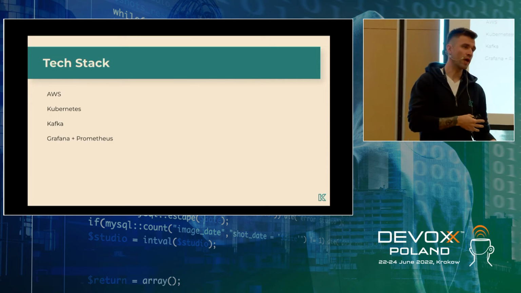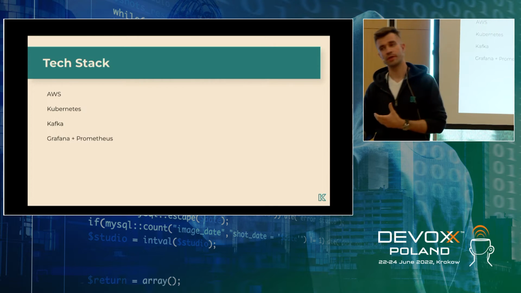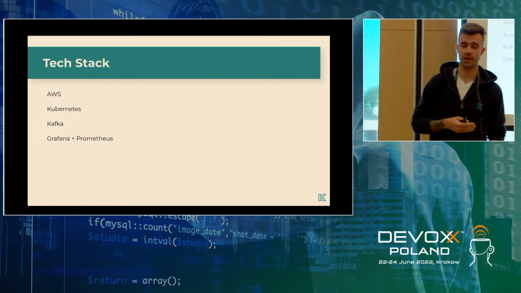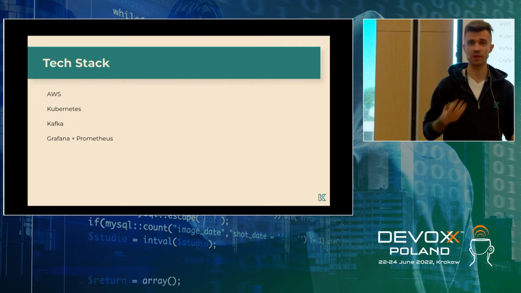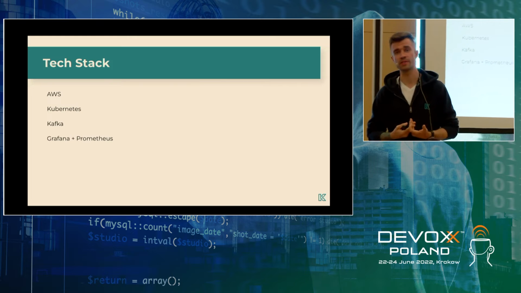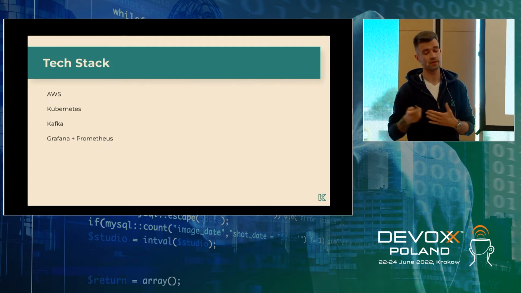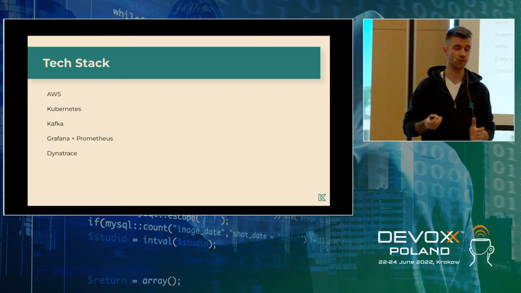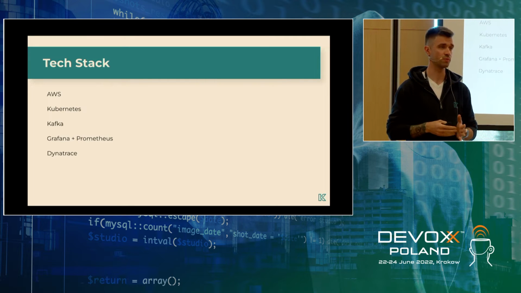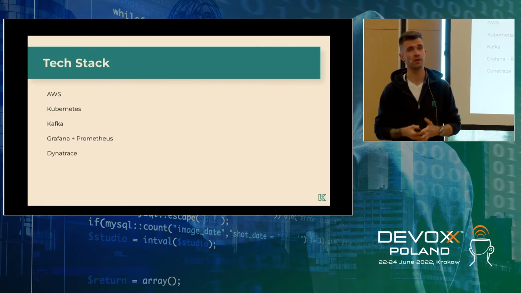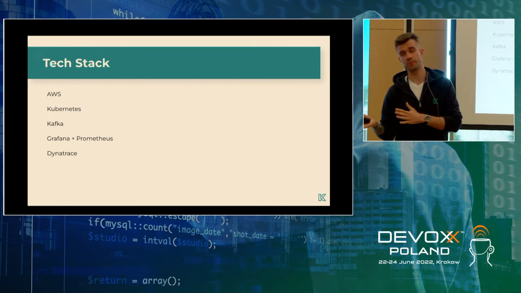In the beginning, as for metrics, for tracking information, we had Grafana and Prometheus, which is a familiar, common metric stack that probably many of you use, also open source. But last year, we introduced a tool called Dynatrace, which is a more commercial tool and does what Prometheus and Grafana do.